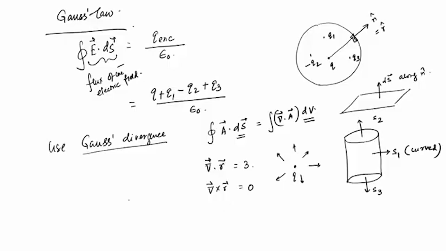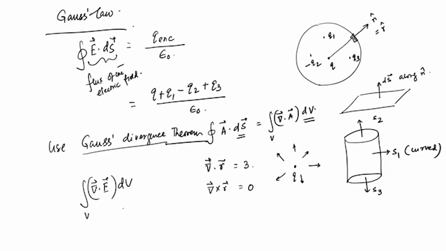So, this tells us that if we apply this theorem, coming back to Gauss's law, if we apply Gauss's divergence theorem, then the left hand side becomes equal to the divergence of E dV over a volume.